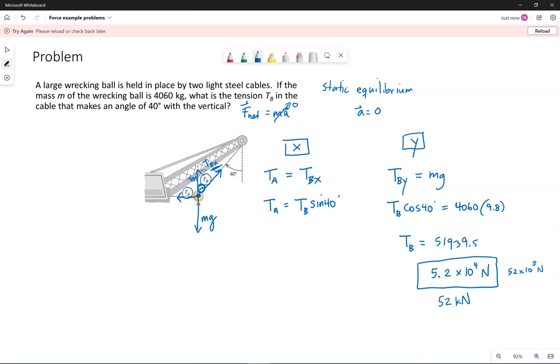Now that we have tension B, we could totally find tension A. Right? We just have to plug it in there. This problem didn't ask for that, but if it had, I would use the answer I got, not rounded, in terms of making this calculation.